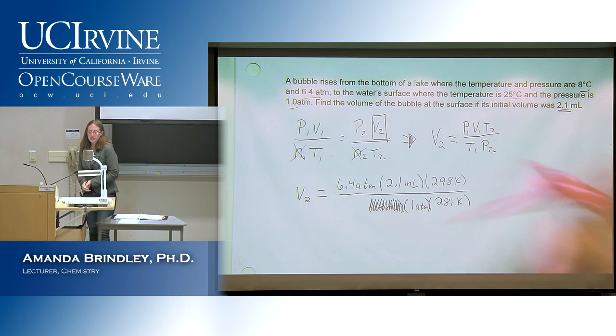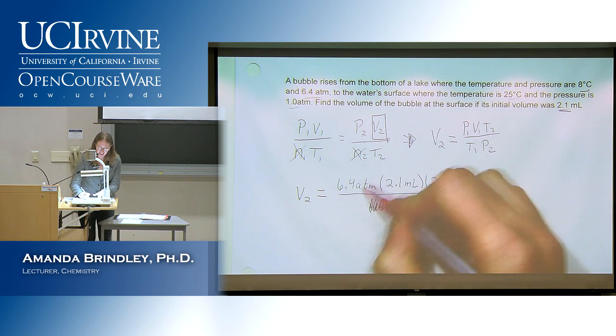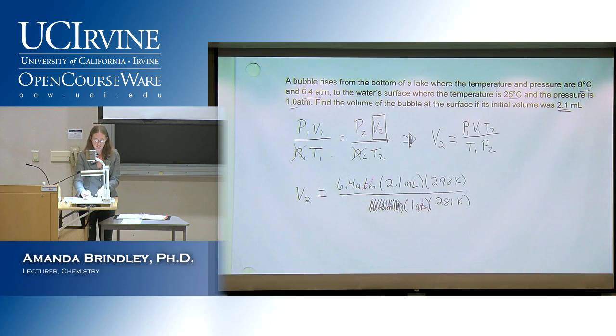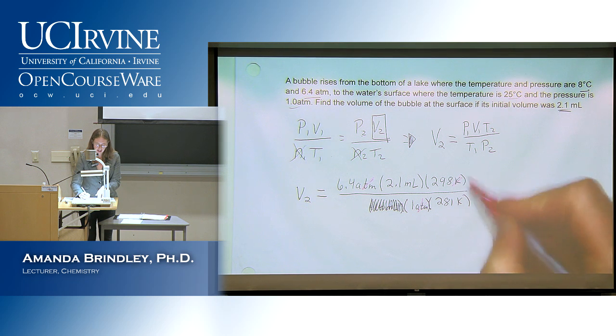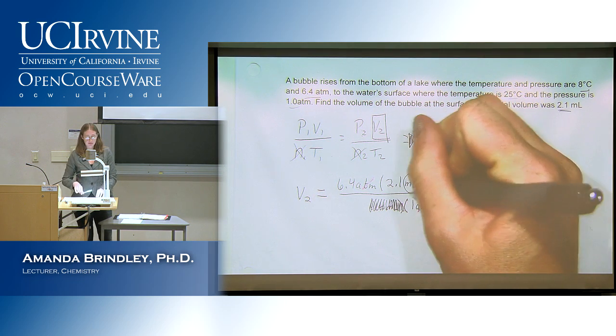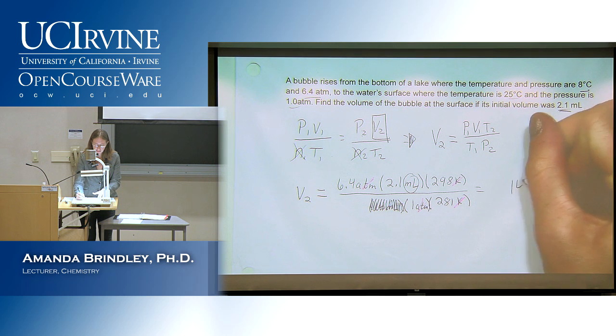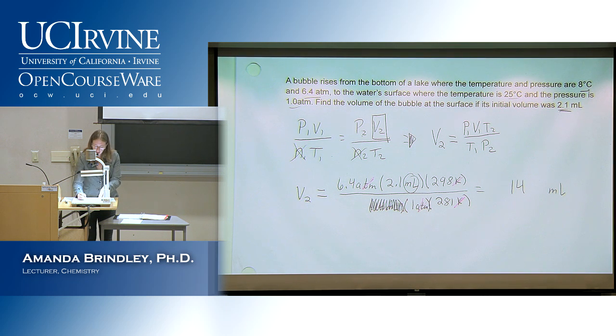Okay, so let's look at all our units. We have atmospheres here and atmospheres here. So those would kind of cancel out in our head when we get our final answer, right? And we have Kelvin here and Kelvin here. And so those are going to cancel out. What would that leave us with for V2? Mils. Is that an okay volume unit to have? Yeah. So we'd have 14 mils.